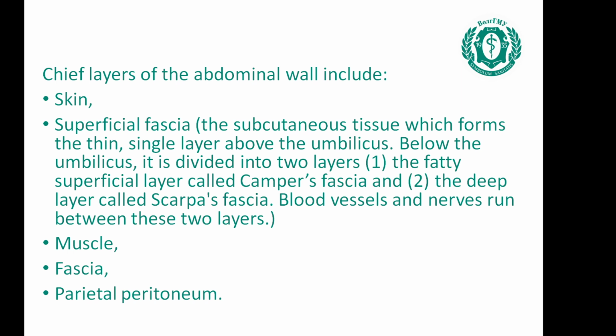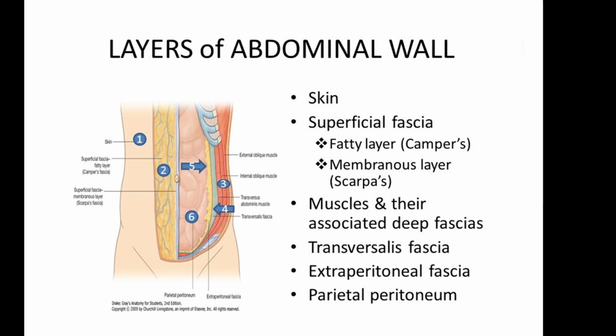The first one is the fatty superficial layer, called Camper's fascia, and the second one, the deep layer, called Scarpa's fascia. Blood vessels and nerves run between these 2 layers. The next layer is the muscular layer, then fascia, and then parietal peritoneum.